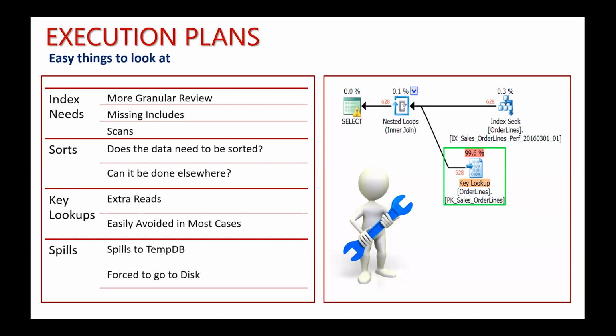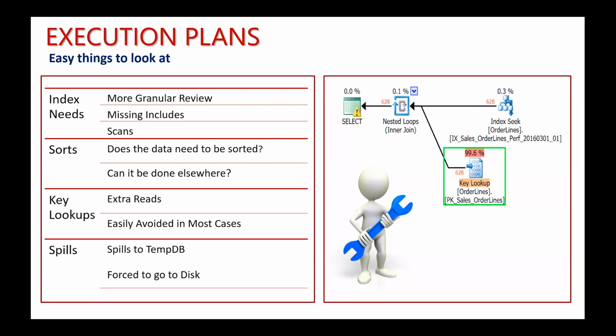My index up here, such as order lines, is indexed on C. I'm getting a seek. It's fantastic, wonderful, but I'm still needing columns A and B. So what's happening is this key lookup is doing another read out to the primary key, and it's going to find that A, B column that I still need in order to return all my results in the select. I hope everybody's following that.